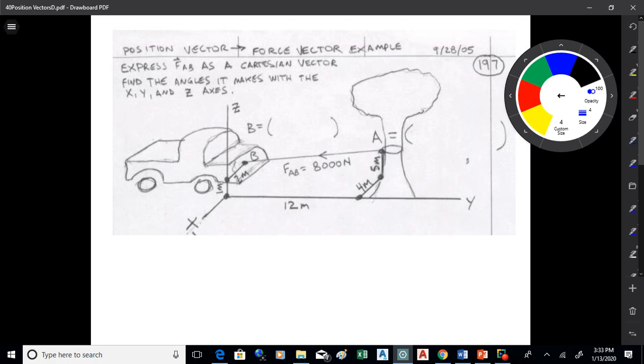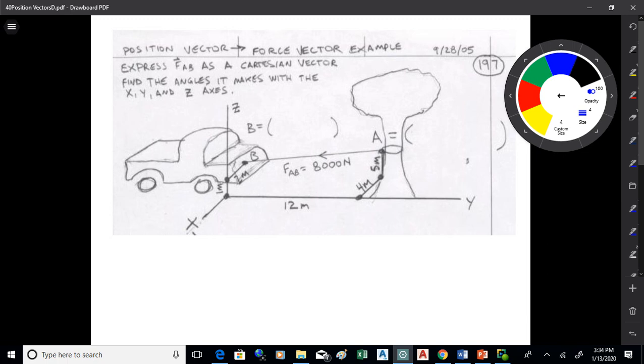So for starters, let's get coordinates. Get a coordinate of B and a coordinate of A. So we get those coordinates first.